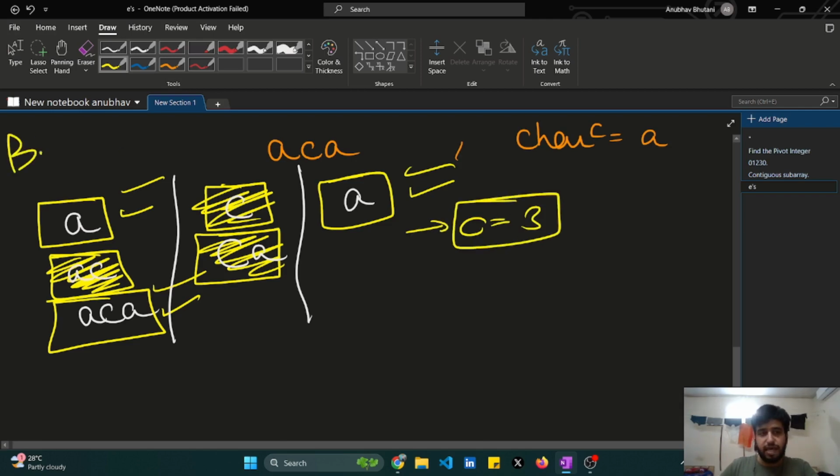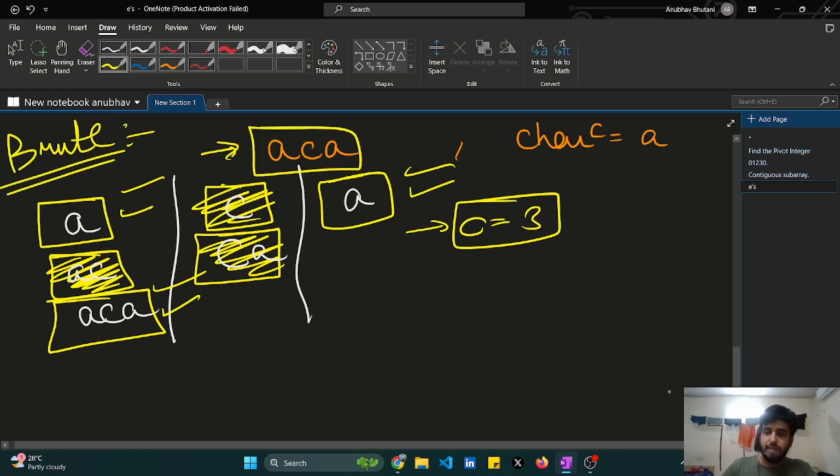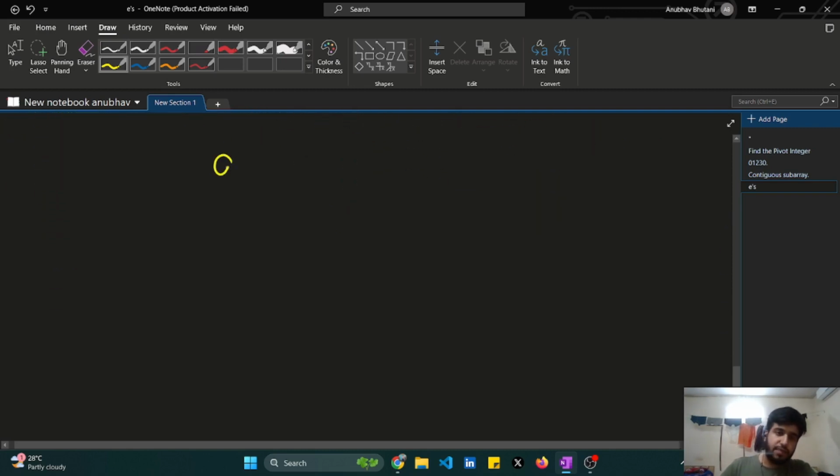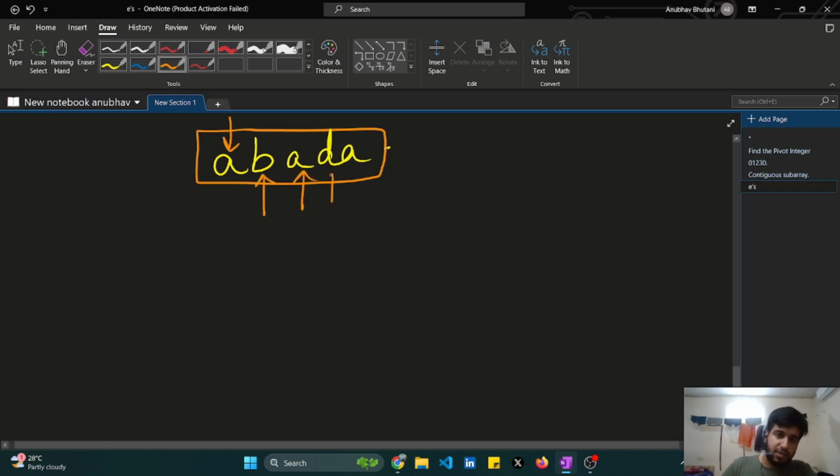Okay. So this can be our brute force solution. How? Basically, we can generate all the substrings. If this is what I am given, A, B, A, D, A, I can basically use two loops to generate all the substrings, first starting with character A and including all these one by one.